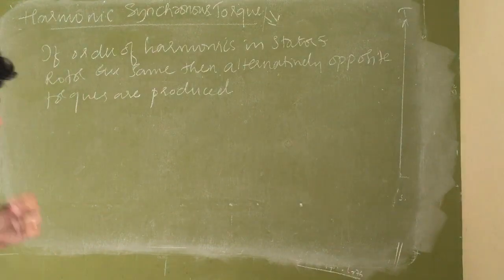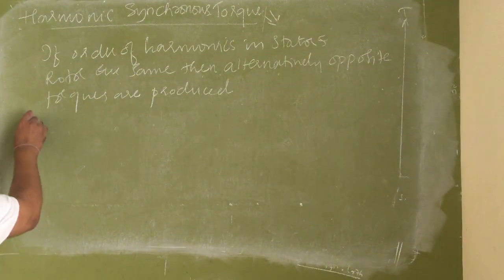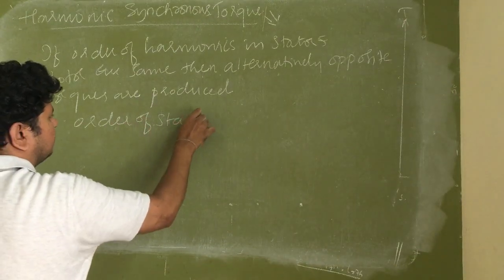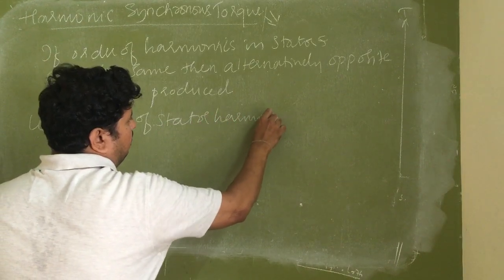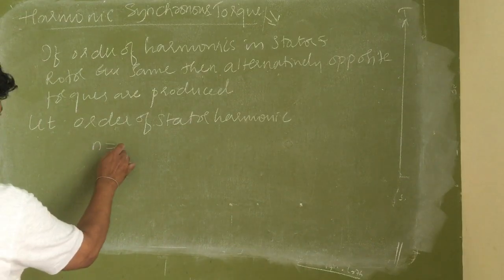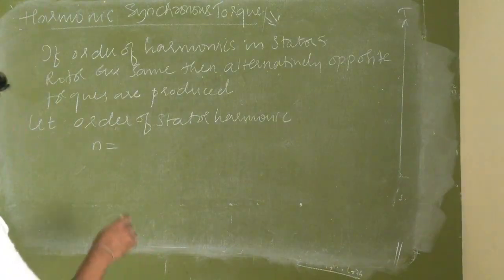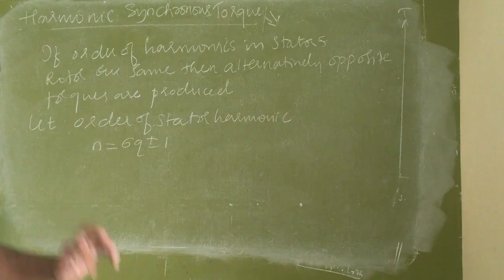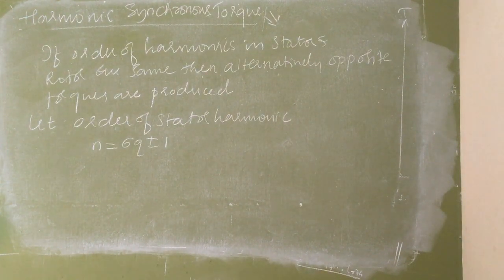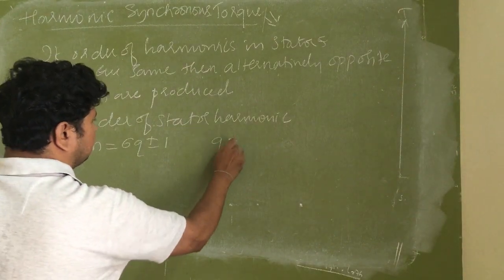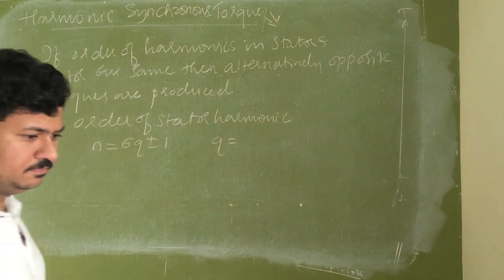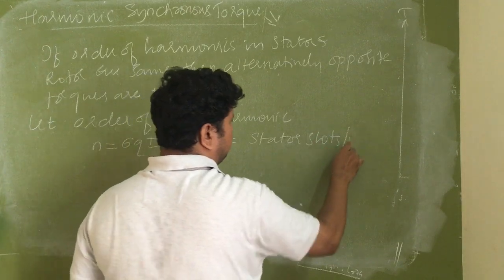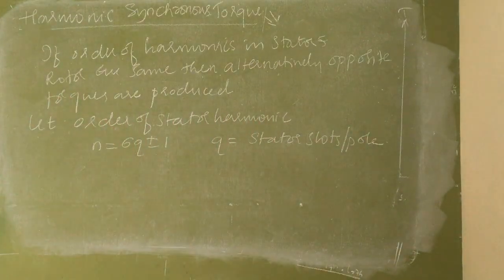Now, if the order of stator harmonic is, say, n equals 6q plus or minus 1, where q is an integer, the stator slots per pole, which will generally be an integer.